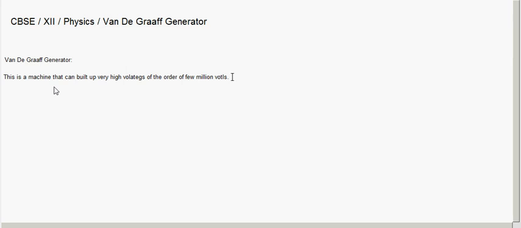These voltages are required to accelerate ions, protons, or electrons to high energies.